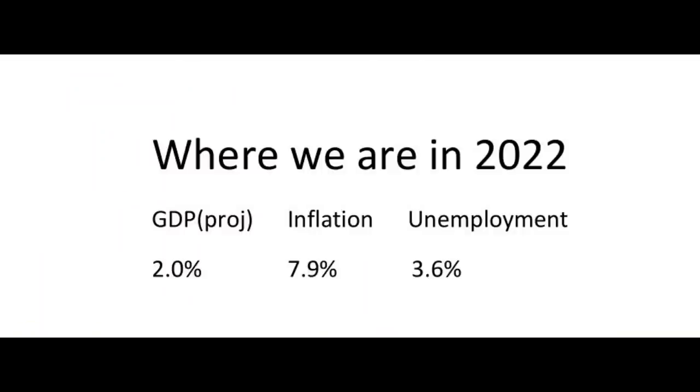This is where we are in 2022. 2% GDP projected. Right now, we're at 7.9% inflation, and that's the last numbers reported. It's expected to go over 8 when the new numbers come in, just so you guys know. And unemployment is at 3.6, which, like I said, is inevitably going to go up again.